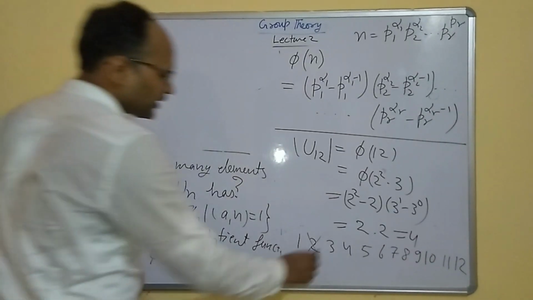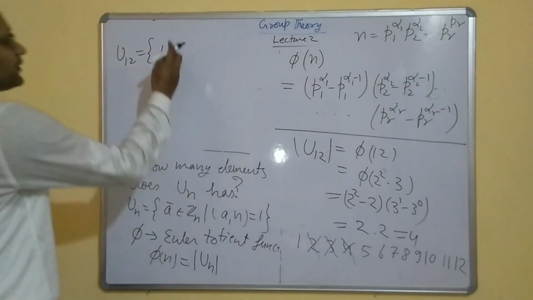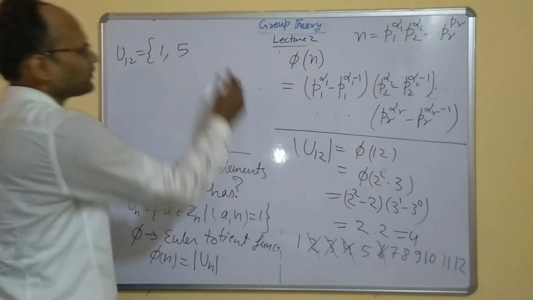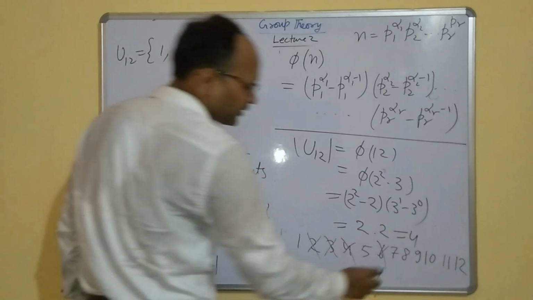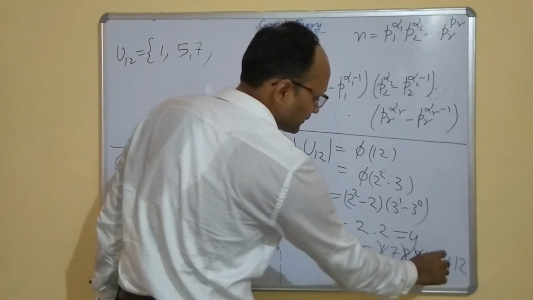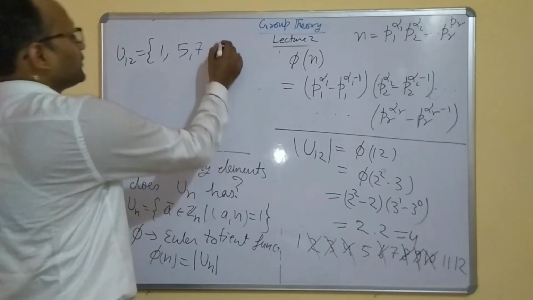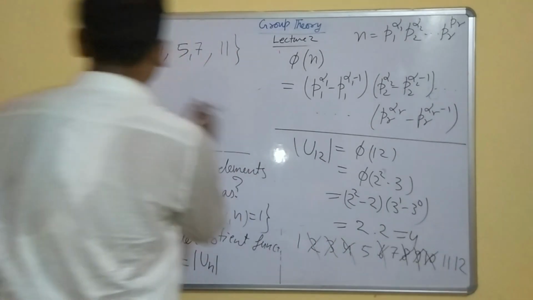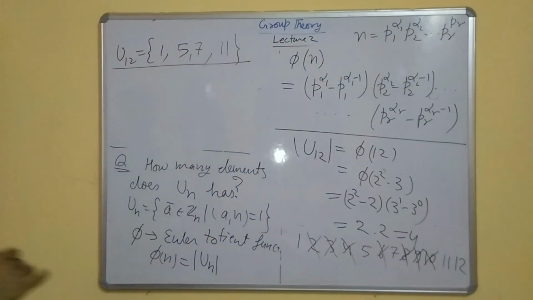So 2, 3, 4 will not come, 5 will come, 6 will not come, 7 will come, 8, 9, 10 will not come, 11 will come. So these are the 4 elements. As we have seen that the order of U12 is 4, you can also see here that U12 has 4 elements. Okay, so we are now going towards the next example.